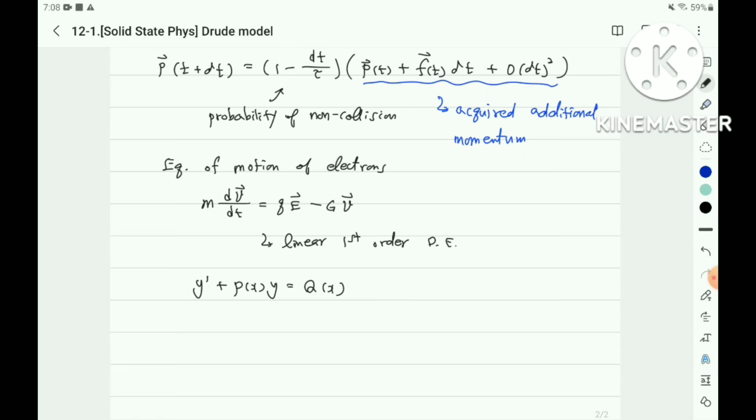I believe that you already know how to solve differential equations from the mathematical physics course, but some of you may have forgotten how to solve these linear differential equations. In this case, we should think about the integrating factor.